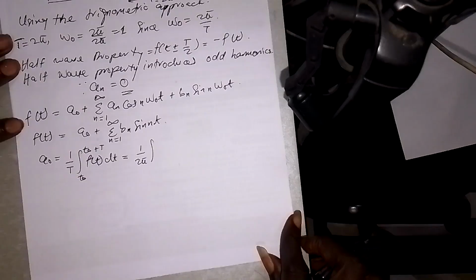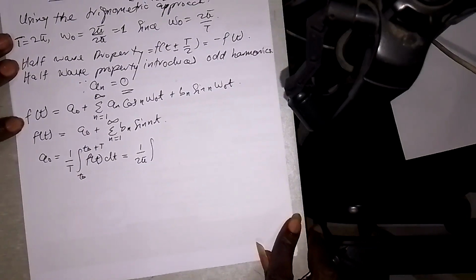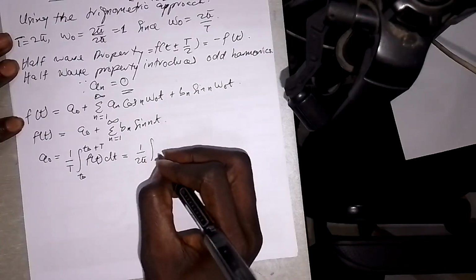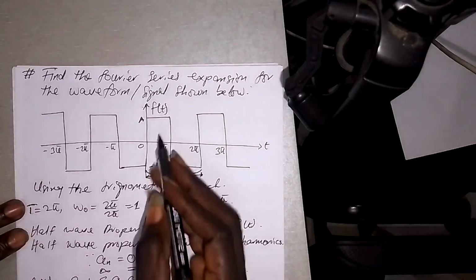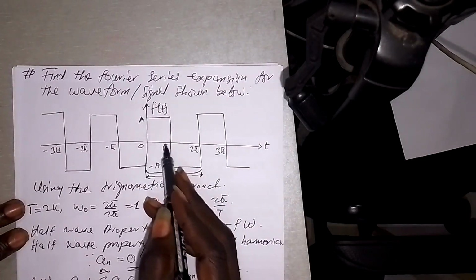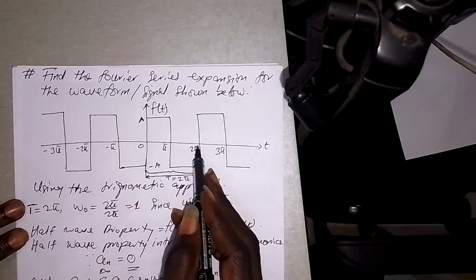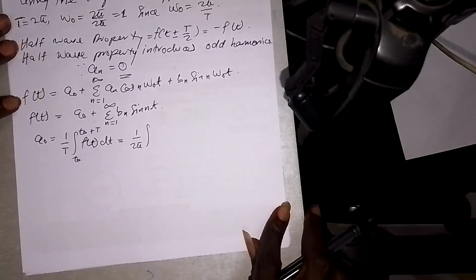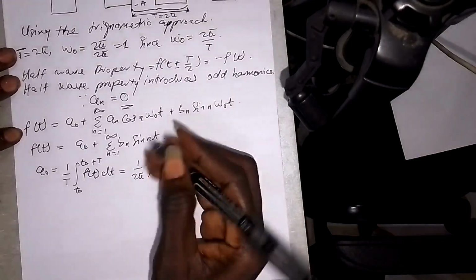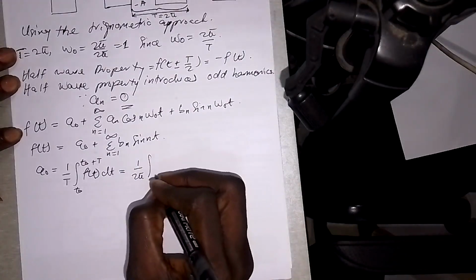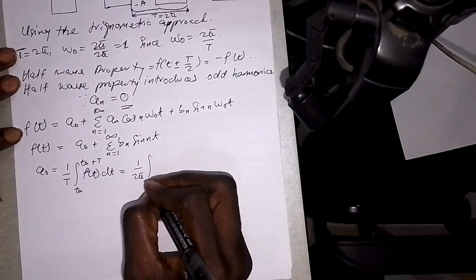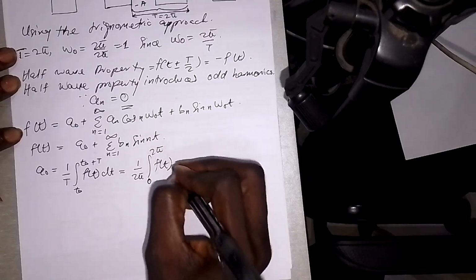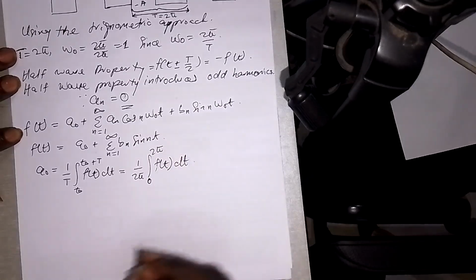Okay, so let's continue from here. You see the positive half is 0 to pi, and the negative half is what? Pi to 2 pi. So I'll divide my f of t into these respective components. So first let me just even write 0 to 2 pi of f of t dt.